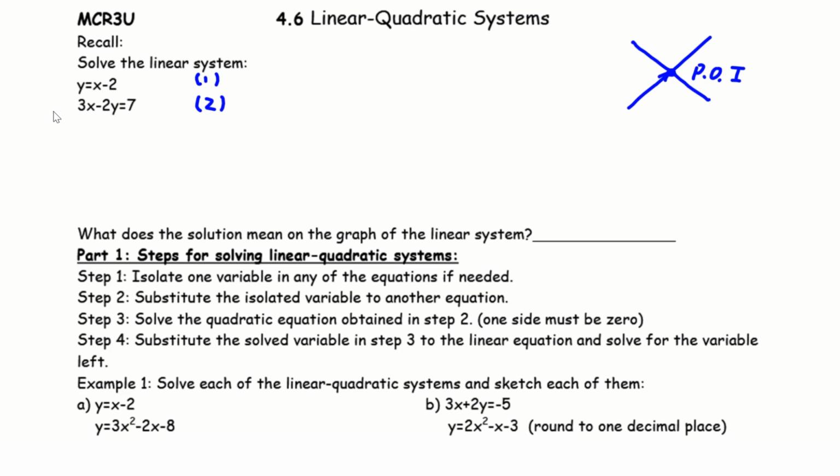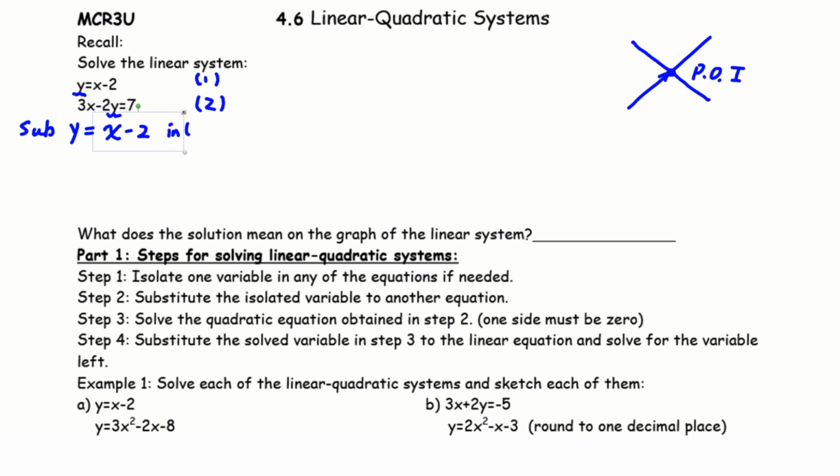So we want one equation with only one variable, so we want to get rid of one variable. In equation 1, y is isolated. We want to replace the y in the other equation by its equivalent. So we are going to sub y equals x minus 2 into equation 2.